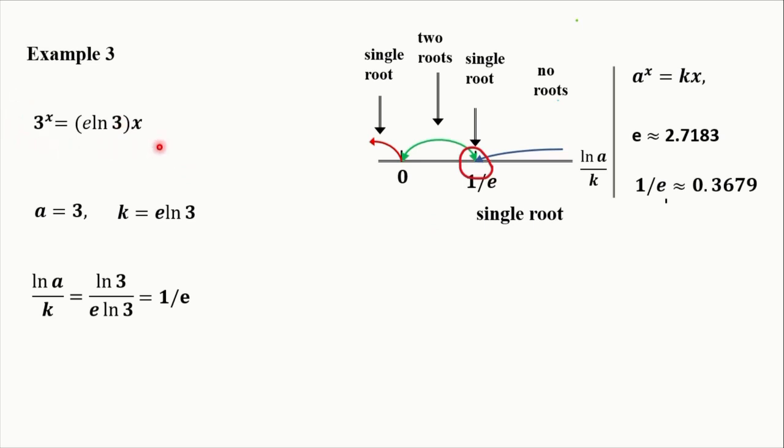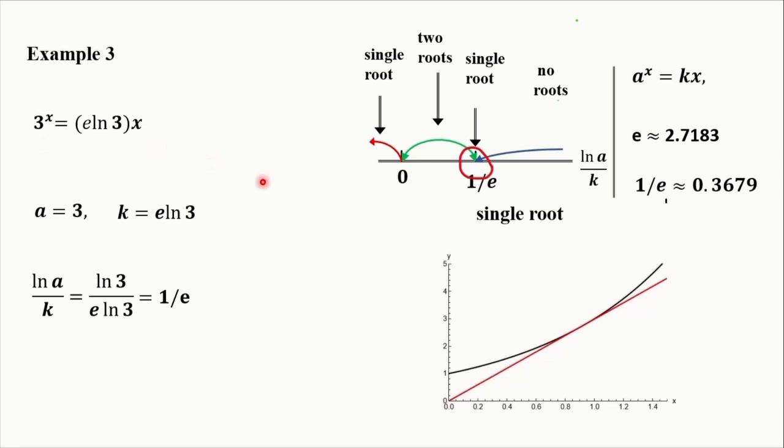Plotting the right and left-hand sides of this equation, we see that the curves which represent them have one intersection point, which is the point where one curve is tangent to the other one.